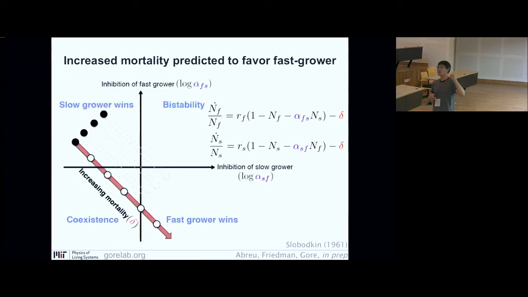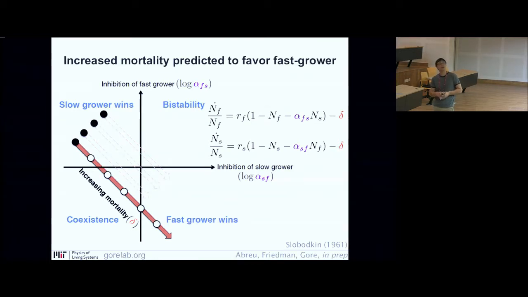and the great thing is that in this model, it makes a very simple prediction, which is that you could start out here with the slow grower winning, because it's a strong competitor. It strongly inhibits its partner. And as you increase the mortality rate, you go down to the right at a 45-degree line on this log alpha scale. All right, so the expectation is that you should eventually be able to get the fast grower to win.